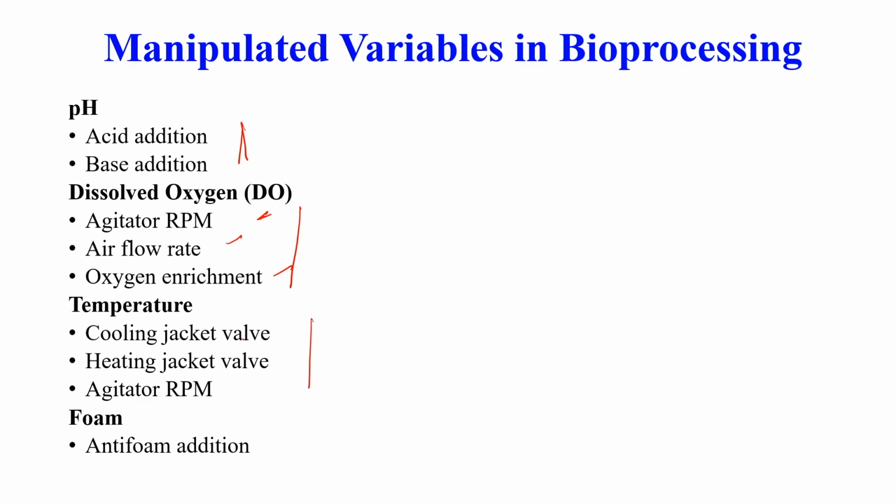In the case of temperature, it can go for the cooling jacket valve opening, the heating jacket valve, or even temperature can be adjusted by the agitator RPM by ensuring proper heat transfer. And for foam, it can go for anti-foam addition.